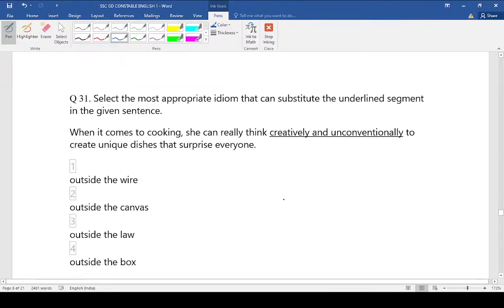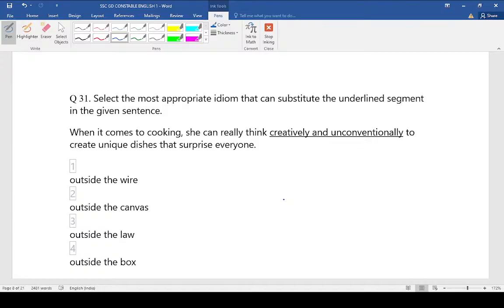Select the most appropriate item that can substitute the underlined segment in the given sentence. When it comes to cooking, she can really think creatively and unconventionally to create unique dishes that surprise everyone. First option is given, outside the wire.